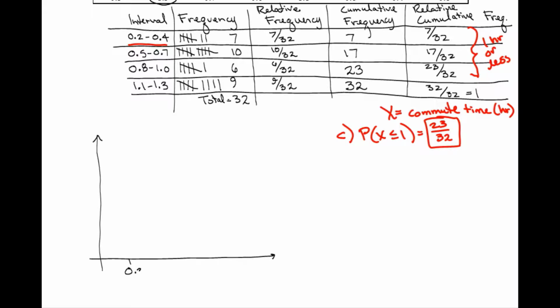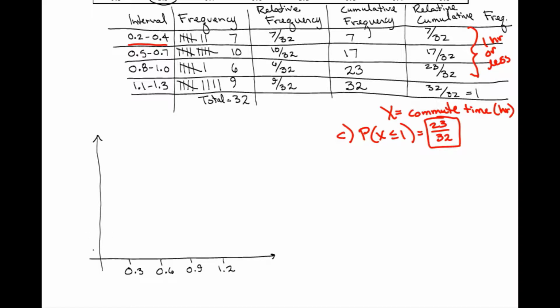So 0.3, what's halfway through the second category between 0.5 and 0.7? Well, 0.6 is halfway through. So 0.6. Third category, 0.9, is halfway through. And the fourth category, 1.2, is halfway through our class interval.